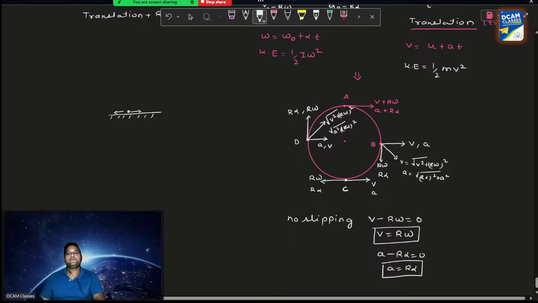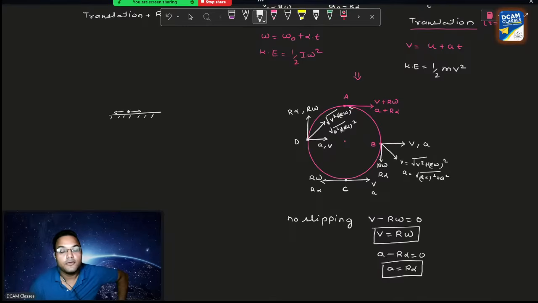And to prevent slipping, friction plays a very good role. Friction actually creates alpha.